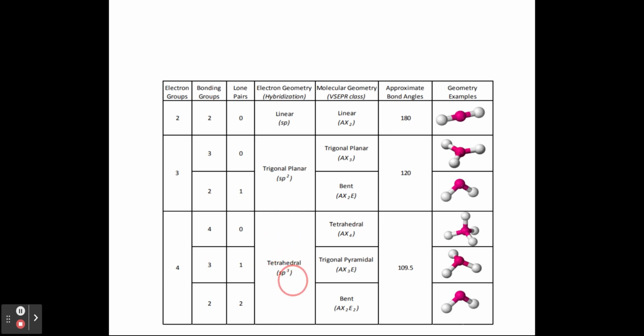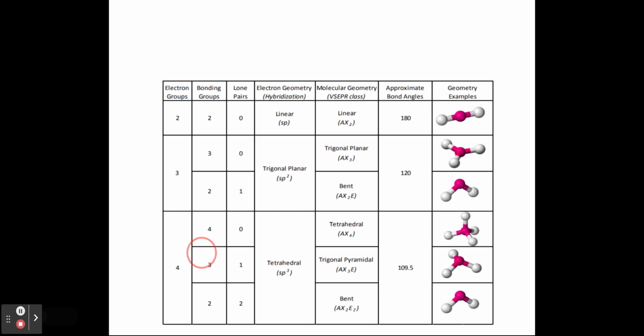So you need 4 equal energy sp3 hybridized orbitals. And because you have 4, those electrons are going to have to spread around or repel each other to get as much space as possible. And that is possible only with the tetrahedral structure. So you can see here that this molecule has a tetrahedral structure, and you can see that with the 4 bonded atoms.